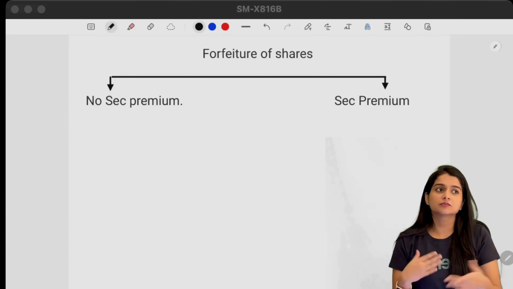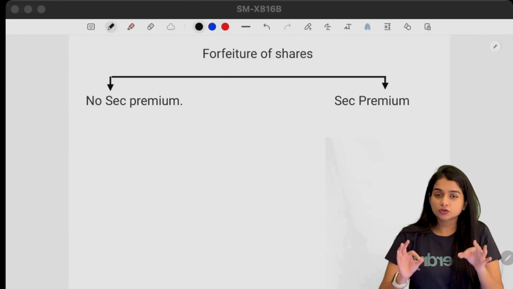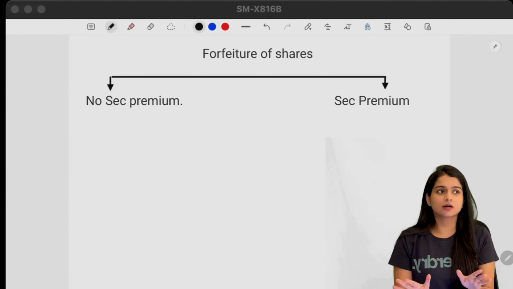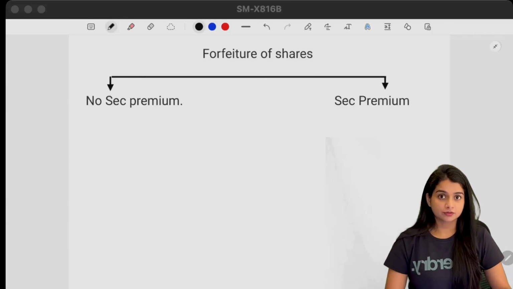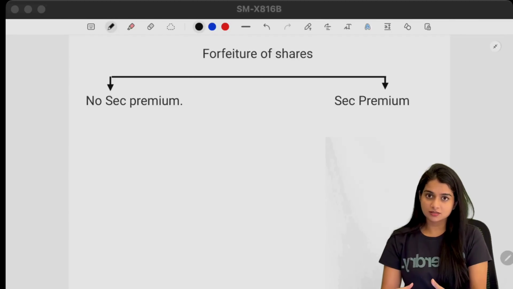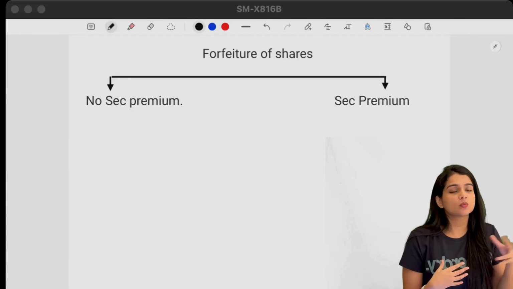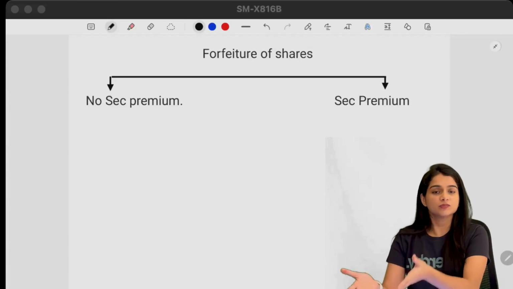Now, after some repeated warnings given to Mr. A, the company still could not get the money from A. In such a case, the company says, okay, now we're done with whatever amount of time we waited, and we want these shares back. Because if we give these shares to someone else, then that someone else will be of more benefit to us than Mr. A is.